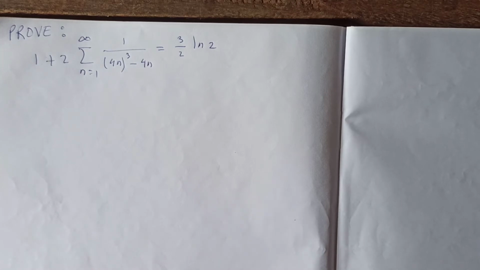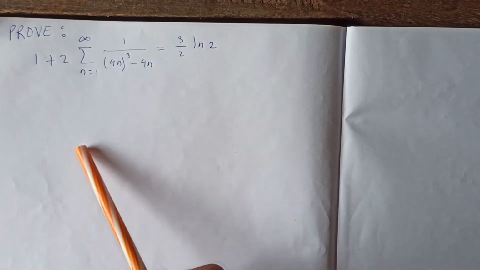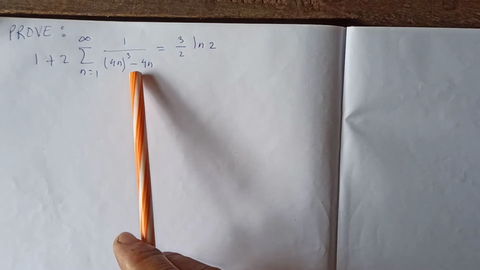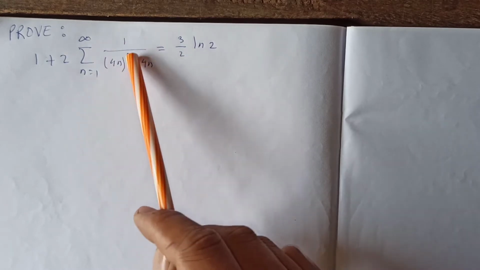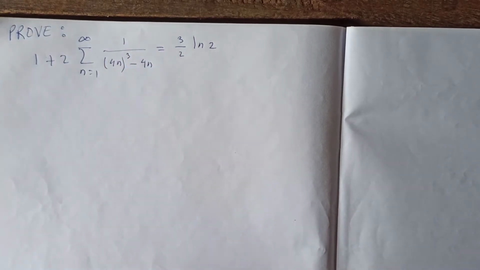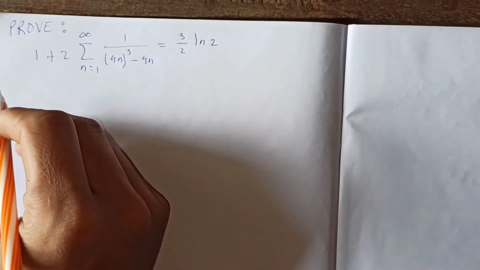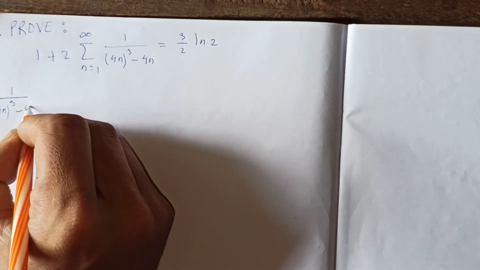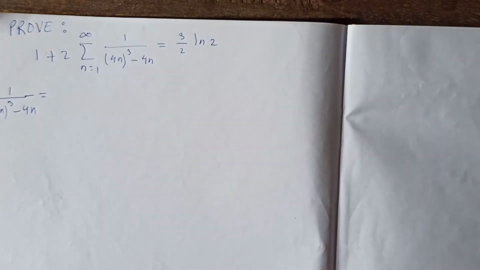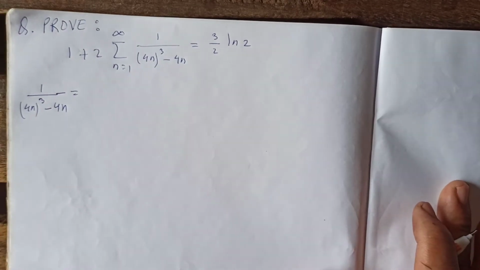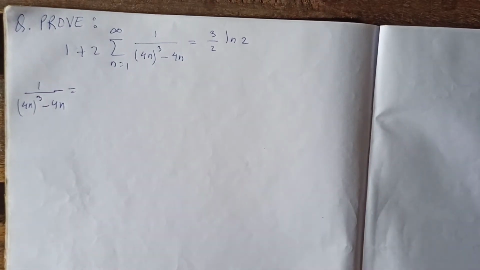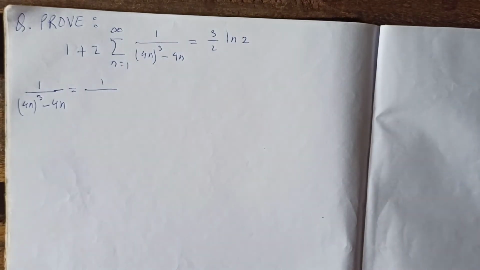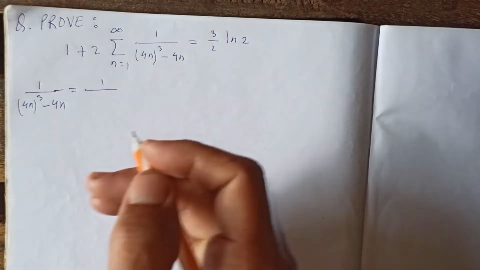So first of all, in this sum, 1 over 4n cubed minus 4n, we are going to split this first. Now let us split. We are going to use partial fractions.